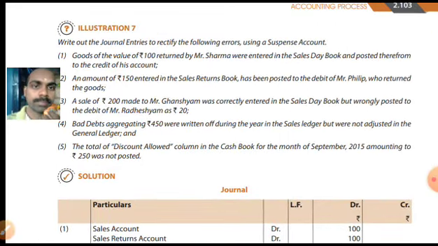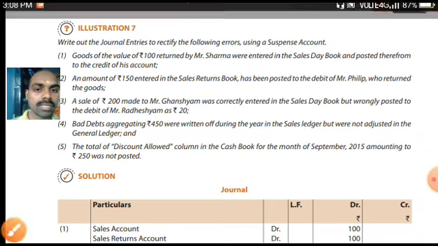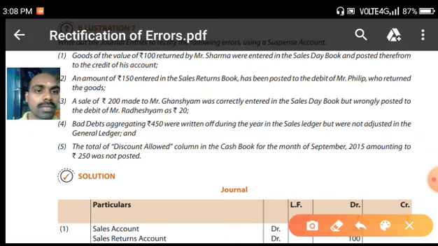Fourth: bad debts aggregating 450 were written off during the year in the sales ledger. See what they are saying? Bad debts were written off during the year in the sales ledger, you have made it correct in the sales ledger, but were not adjusted in the general ledger.